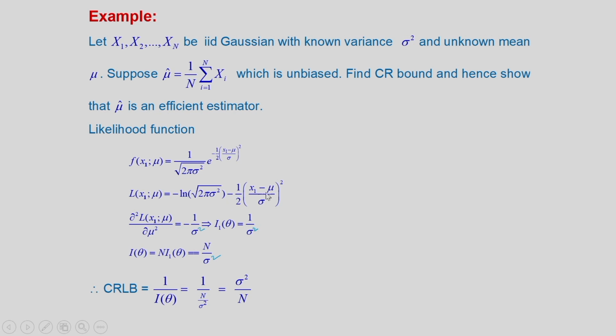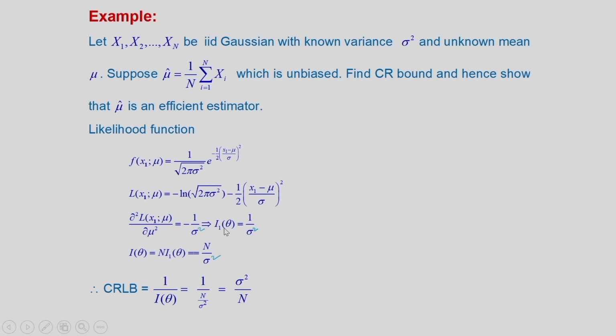Only this term will involve mu, therefore we take the first partial derivative and then the derivative again. And therefore the second order partial derivative, del 2 l by del mu square, will be equal to minus 1 by sigma square, because this expression only involves mu. If we take the derivative twice, mu will not be there, so it will be simply 1 divided by sigma square.